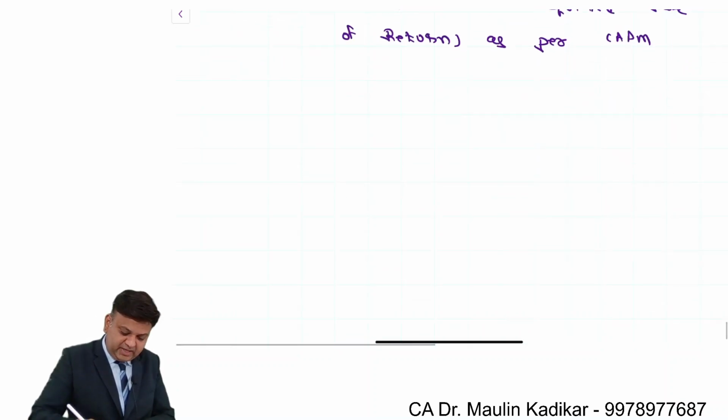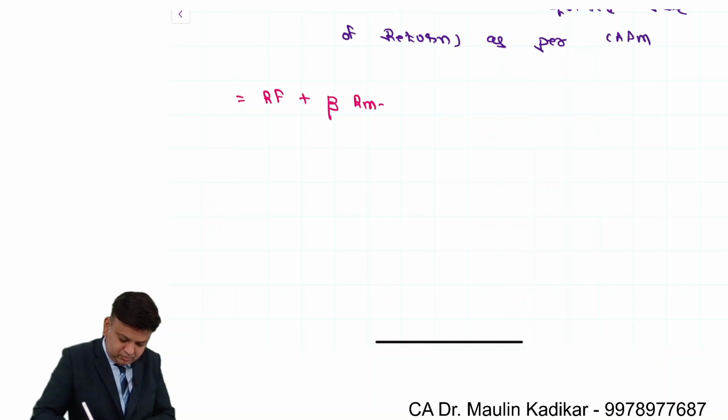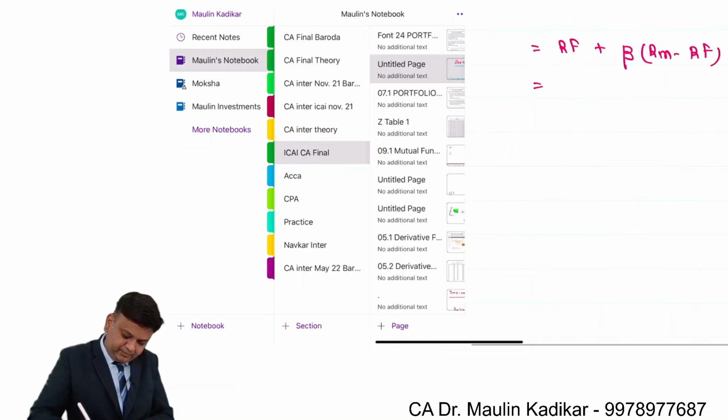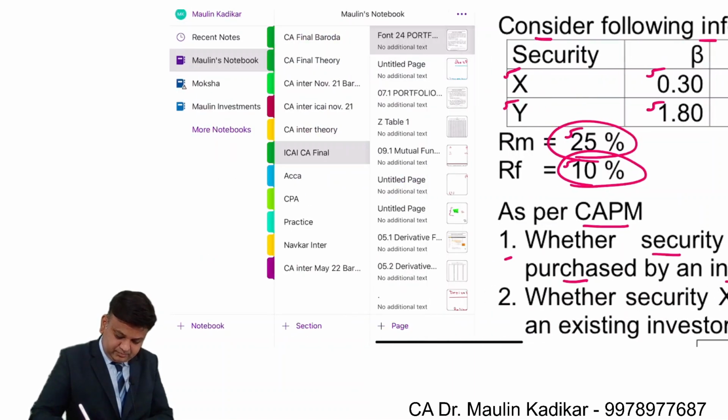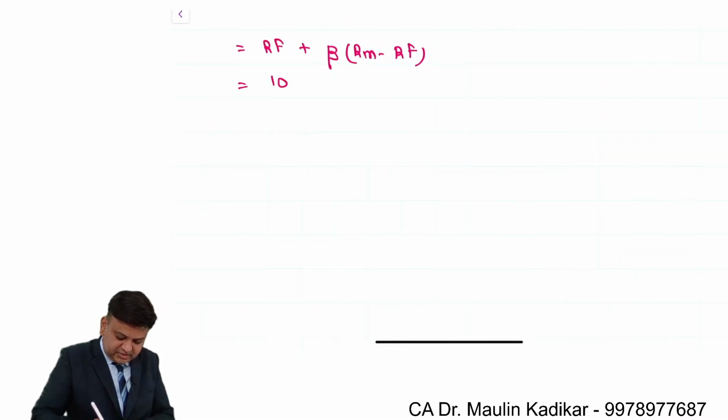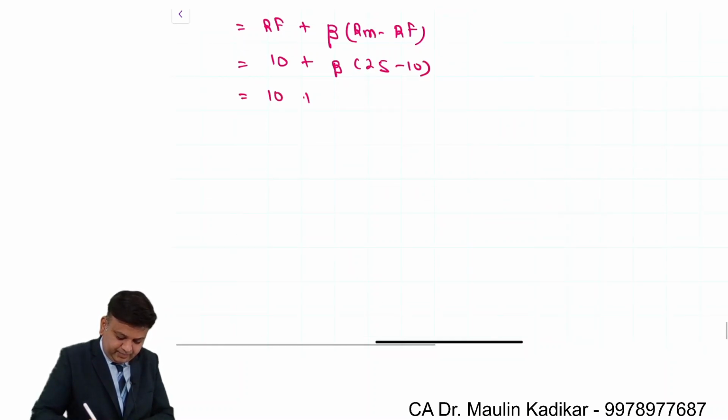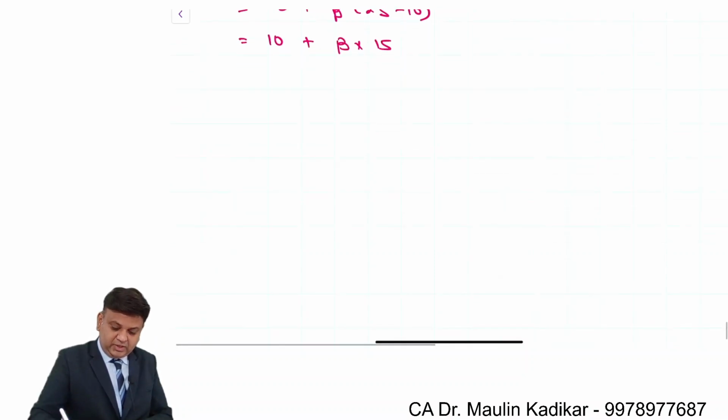It will be calculated as RF plus beta into RM minus RF. What is the risk-free rate of return? It is 10. What is RM? It is 25. This is 10 plus beta into 25 minus 10. 10 plus beta into 15.